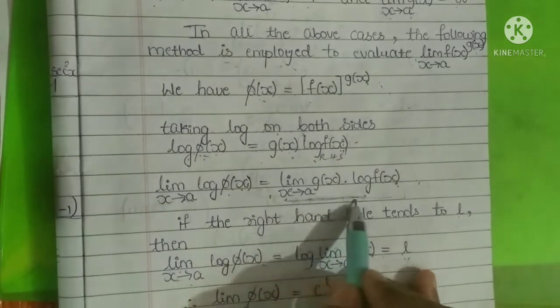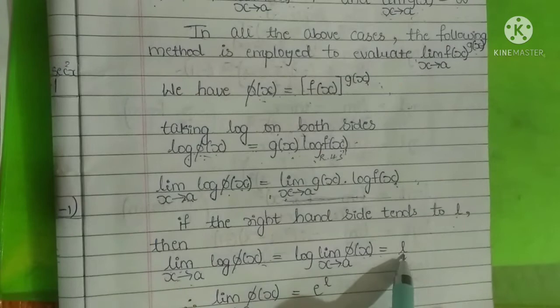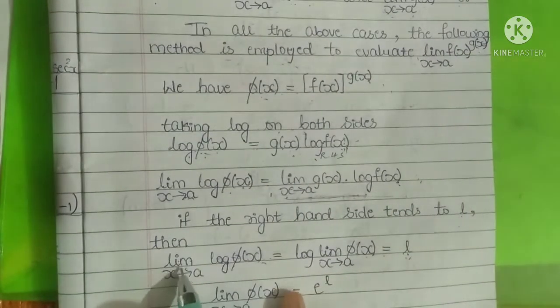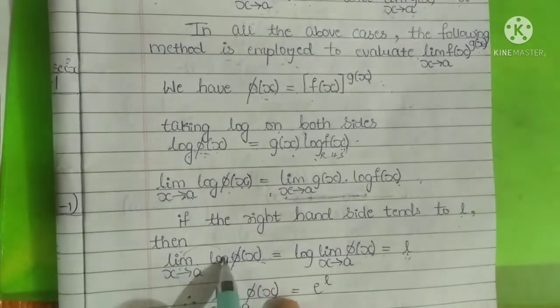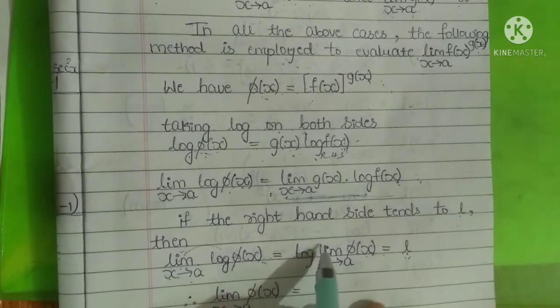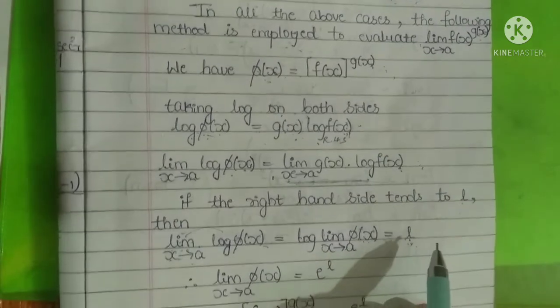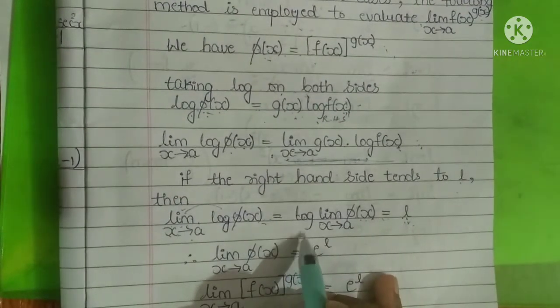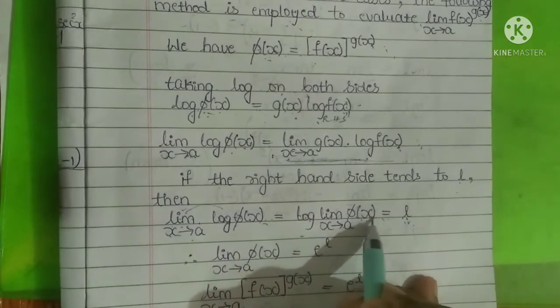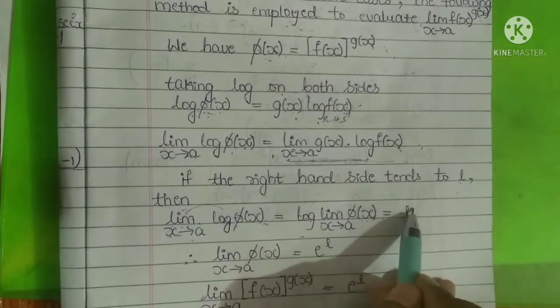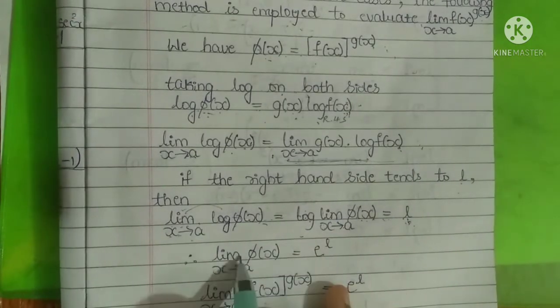As we are saying that this RHS tends to L after applying the limit, what do these two equations mean? Observe here, as limit and logarithm are interchangeable, limit x tends to a log phi of x can be written as log of limit x tends to a phi of x, which will be equal to L. So after shifting the log from LHS to RHS, the logarithm becomes exponential, and limit x tends to a phi of x remains as it is.